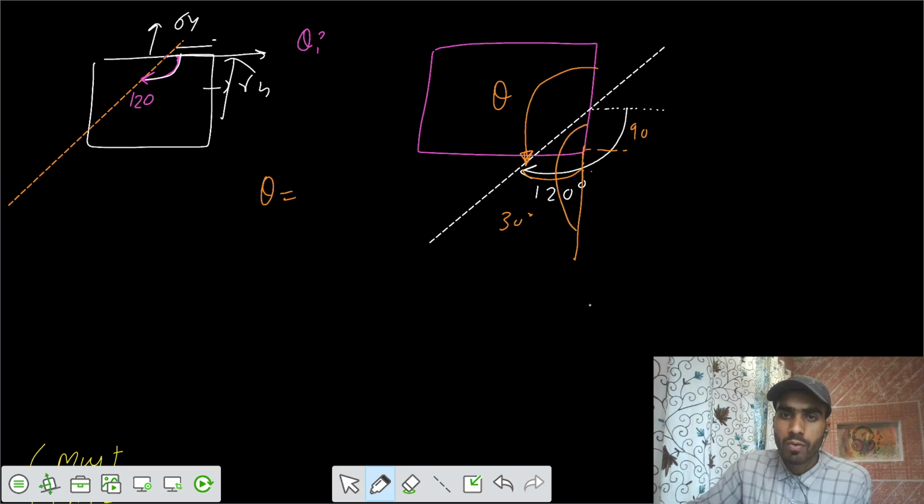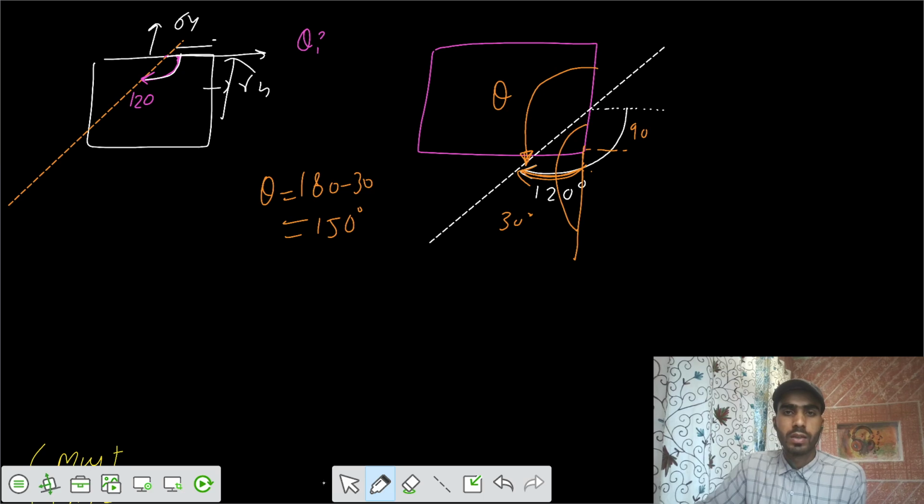We were having a total of 180, so 30 degrees has been eaten by this line. You are left with 180 minus 30, so 150 is your theta. We're done with this one.